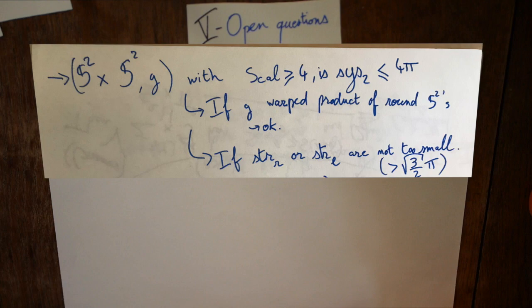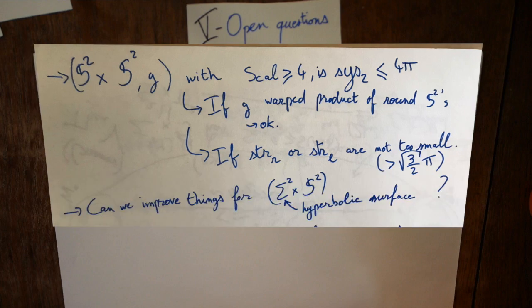Another natural question would be: can we improve things if we have sigma 2 times S2, where sigma 2 is a hyperbolic surface?